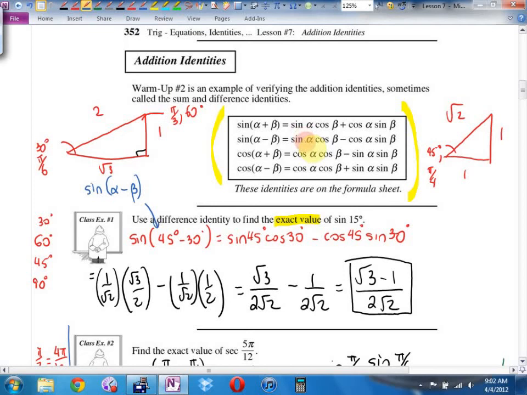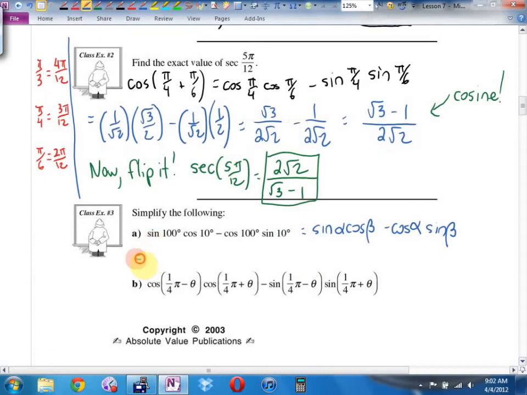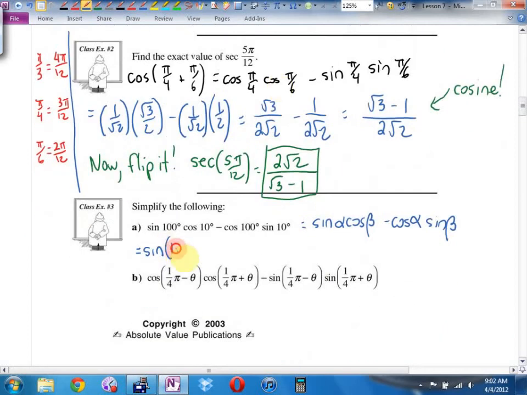Can you read that to me nice and loud? Isn't that what you just read to me? Then doesn't that also mean that it's equal to this? So are you saying that this is also equal to the sine of alpha minus beta, 100 degrees minus 10 degrees?